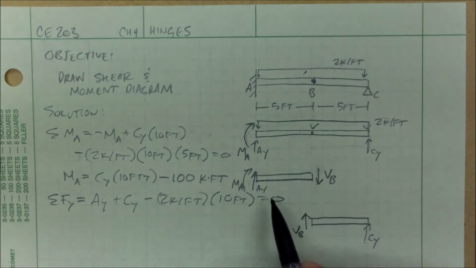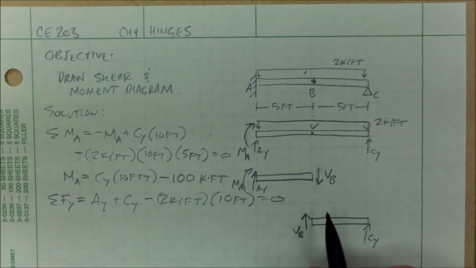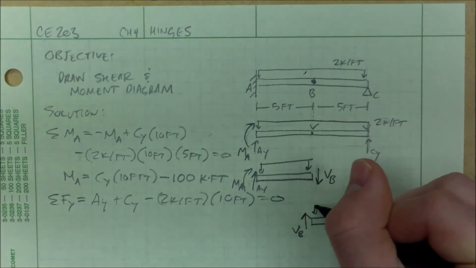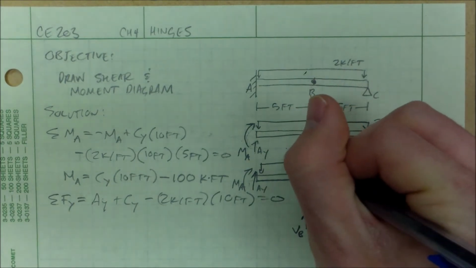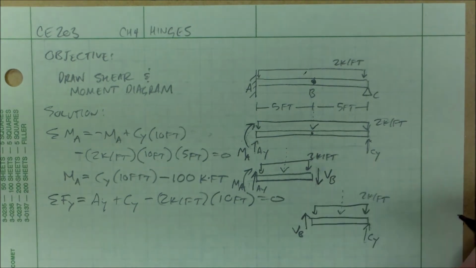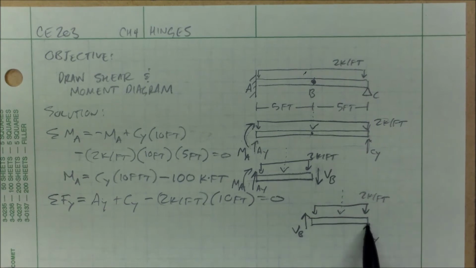So, where's this extra equation? I can get it from the left or from the right. And again, I almost forgot my distributed load. 2 kip per foot. This is acting based on the middle of each segment. Let's call this member AB and this member BC.